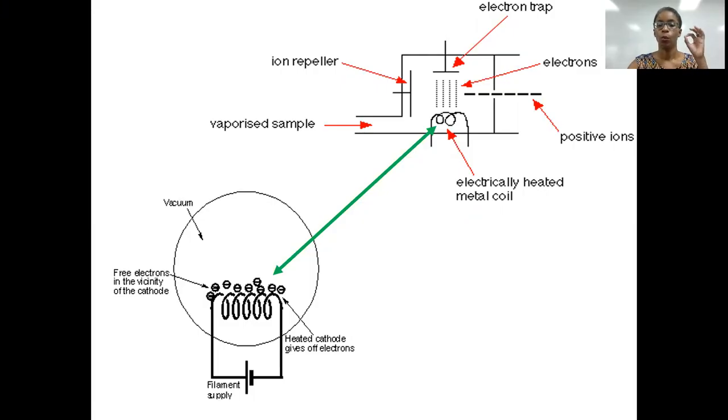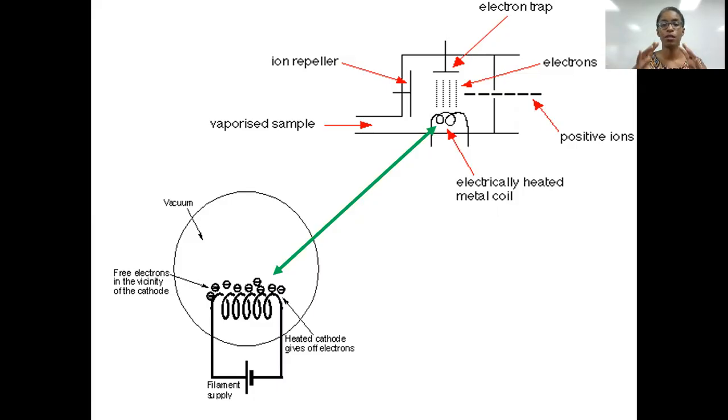I'll say that again. We have our heated coil, we have our electron trap on the other side, and these electrons are moving at very high velocity. We have then our sample coming in, and when the sample enters this chamber, the sample particles, the molecules, the atoms, whatever, that pass through the beam of high-speed electrons, they're going to find themselves being bombarded, hit very quickly with high-speed electrons, and those electrons are going to in turn knock another electron off of the molecule or the atom.